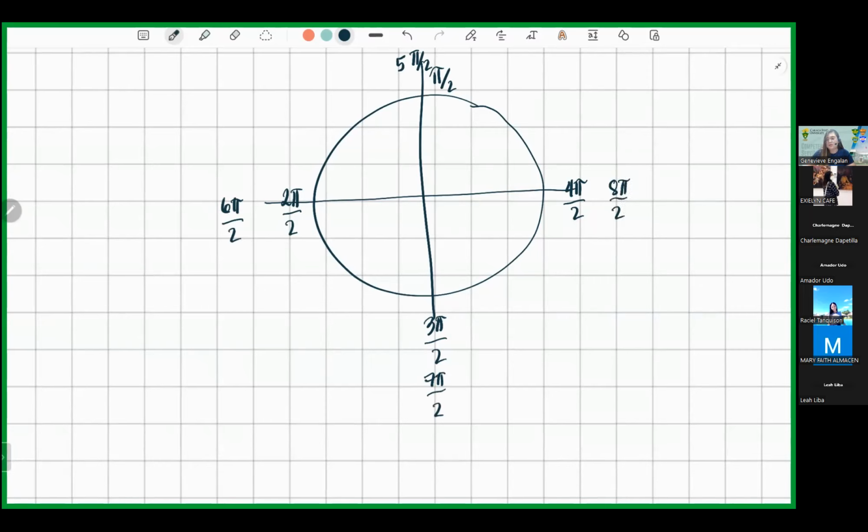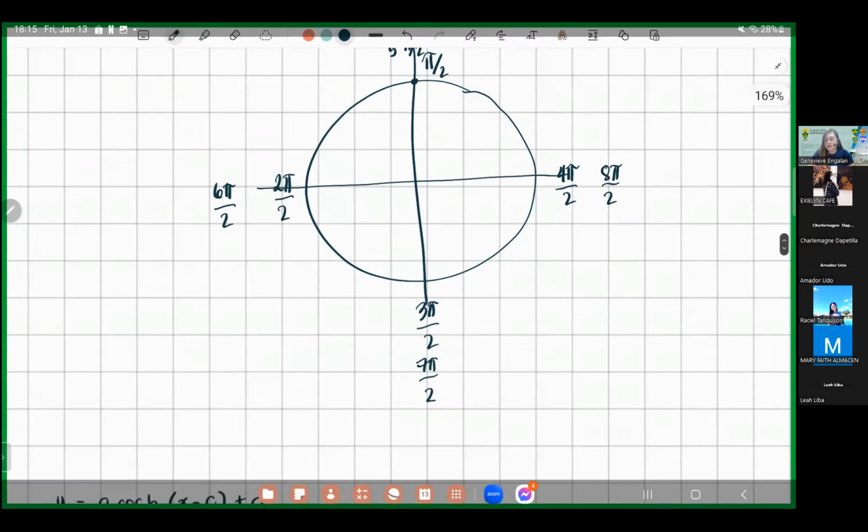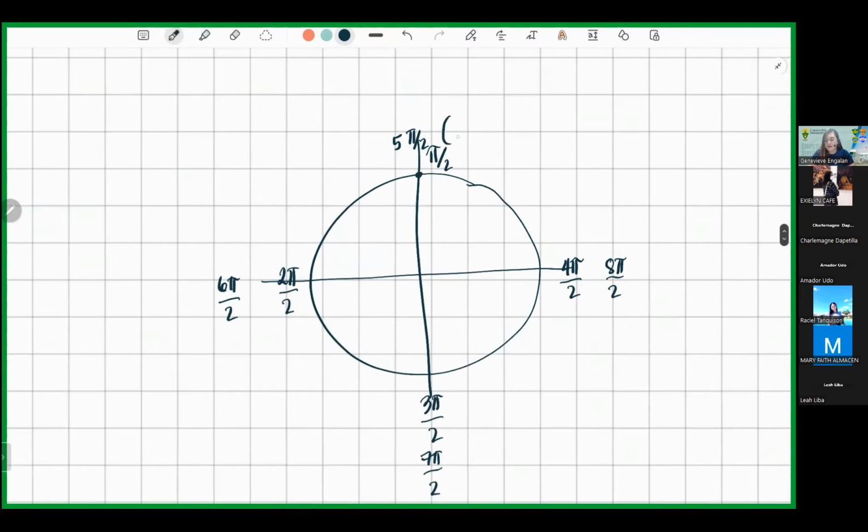So what are the coordinates of 5 pi over 2? 0, 1. So what is its sine? Sine of 5 pi over 2 is 1.